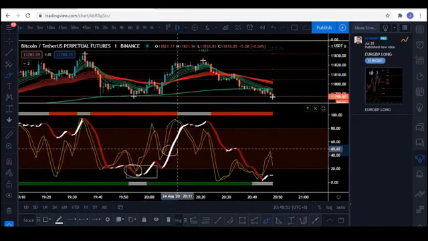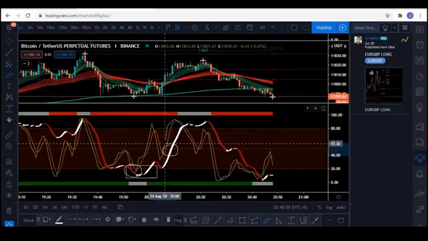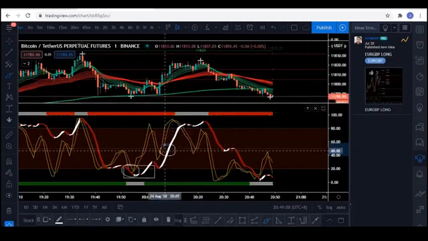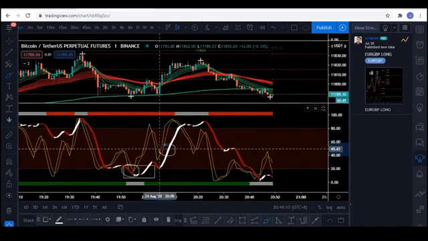This one, this is your third confirmation. When you see that the shadow is crossing above 50 RSI, you are now good to enter. So where do you enter? Where is the crossover? Here in this area.